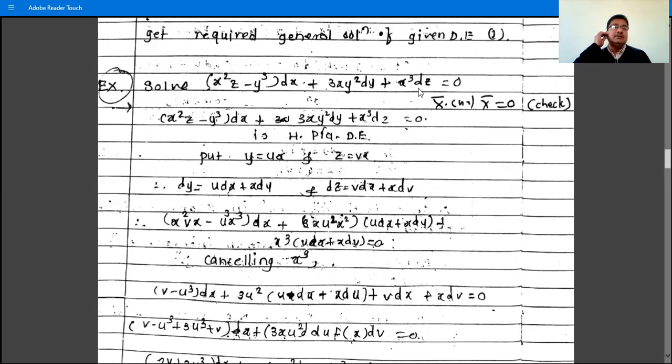Actually, this is the Pfaffian differential equation, and all these P, Q, and R are homogeneous functions of the same degree 3, and therefore this Pfaffian differential equation is called a homogeneous Pfaffian differential equation.